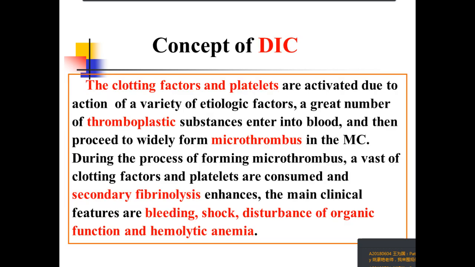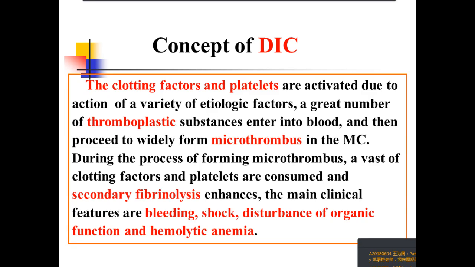Now the definition we have learned. The clotting factors and the platelets are activated due to the action of a variety of etiological factors. For example, infection, severe trauma, operation, tumor can stimulate coagulation factors and platelets.